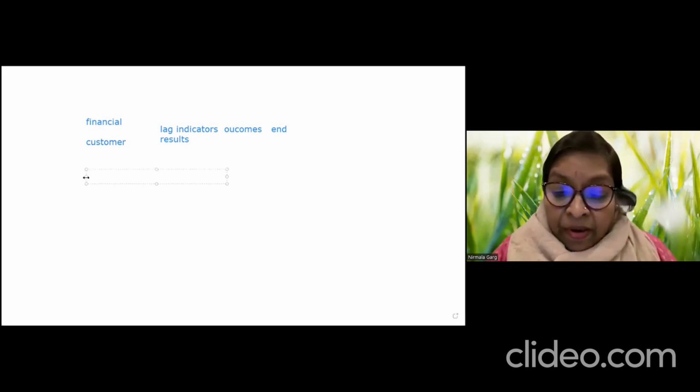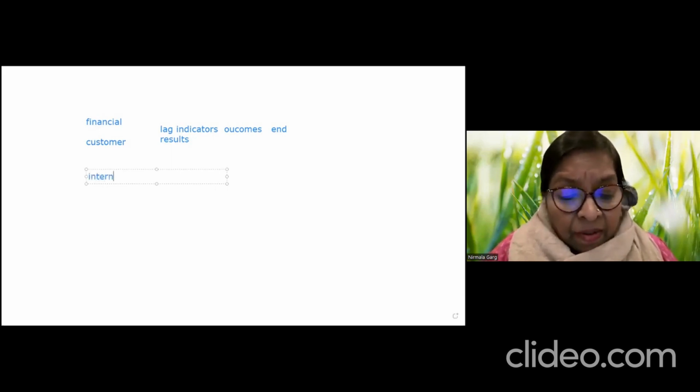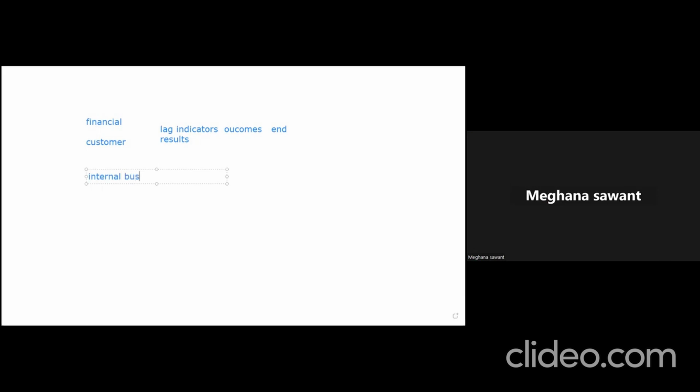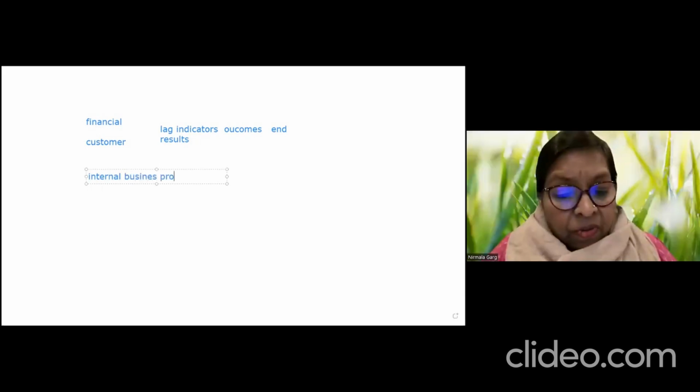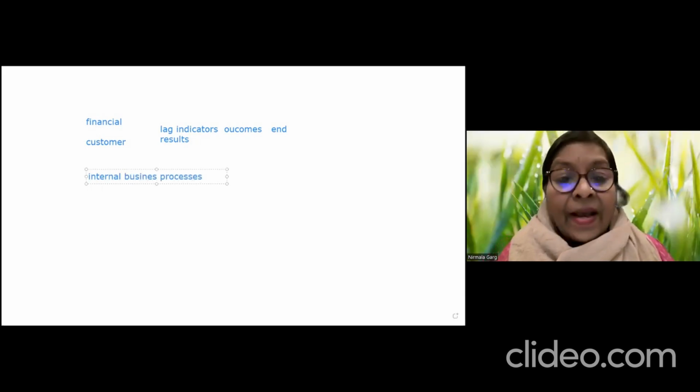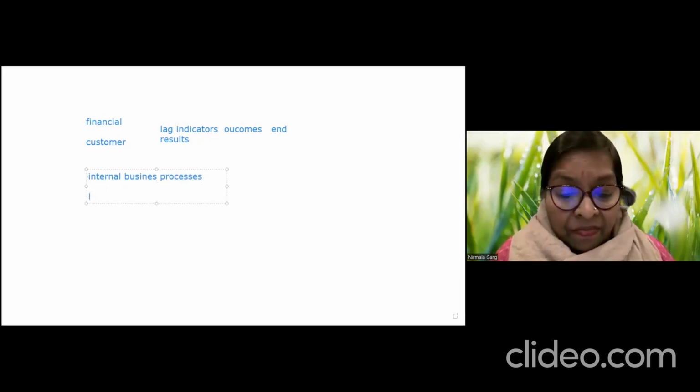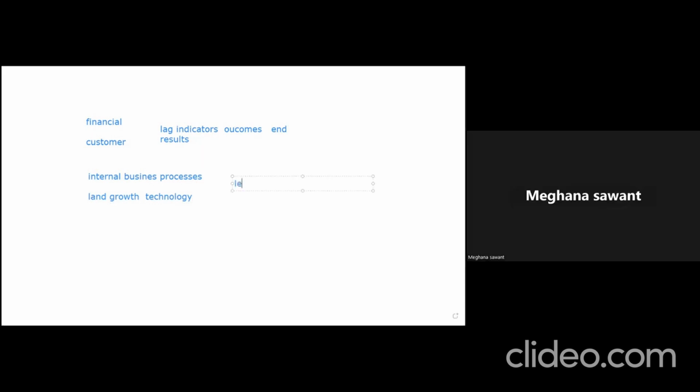While internal business processes and L&D, learning and growth, and we also add technology, they are the lead indicators.